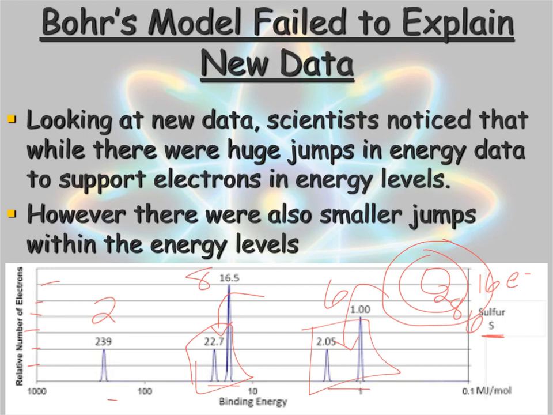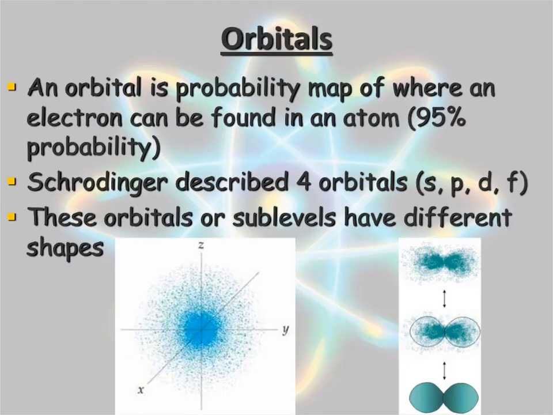We do know that they are the same kind of distance from the nucleus. So like we know that these 2 are very close, these 8 are a little further out, and then these 6 are very far out, okay? So still supporting some of Bohr's theory.